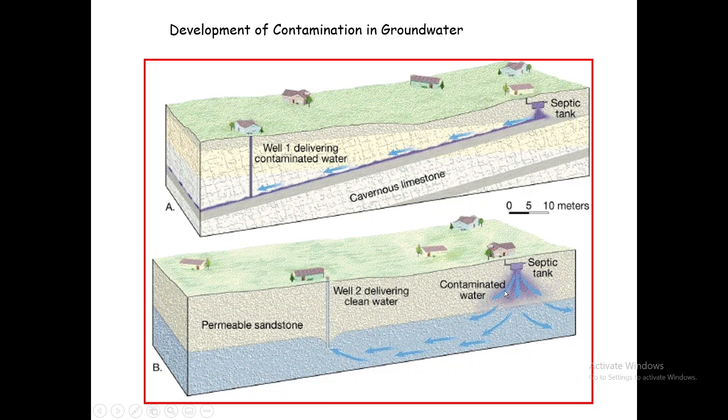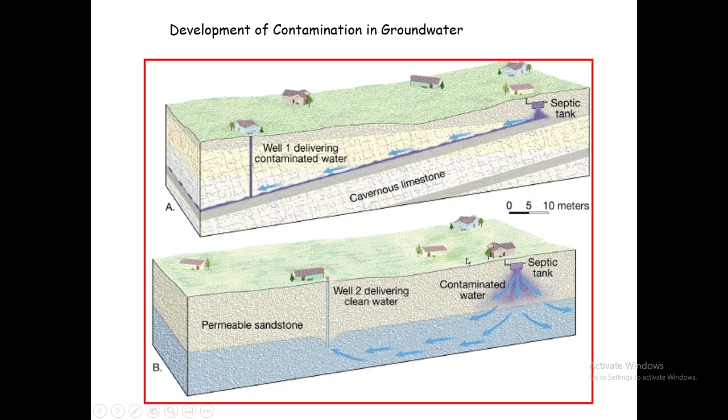In the second figure, you can observe that we are having this kind of geological formation which is permeable. So it is allowing the water to penetrate down into the soil. It is reflecting much more percolation down into the soil and then into the groundwaters as well.